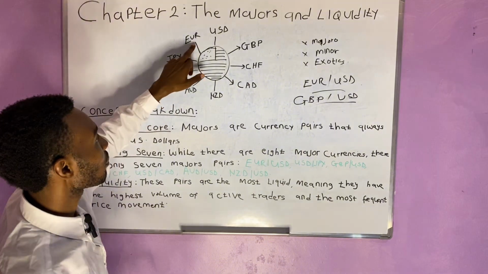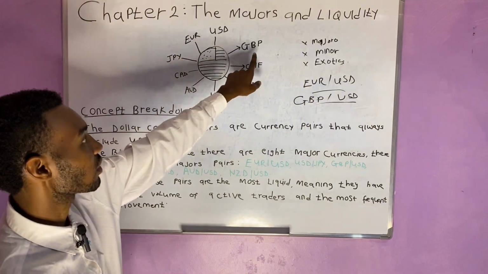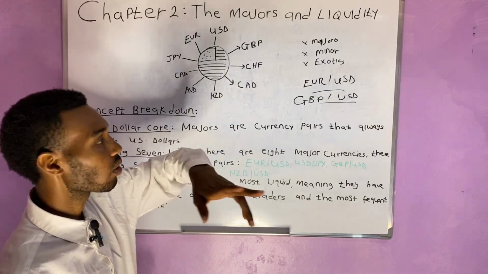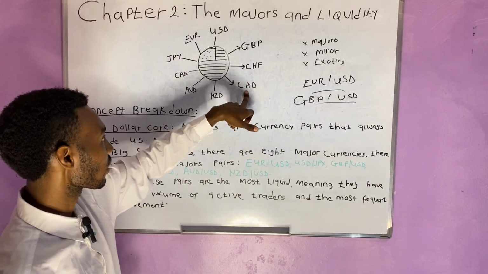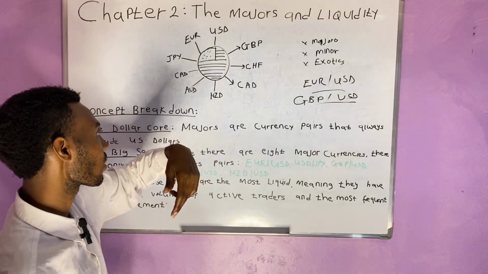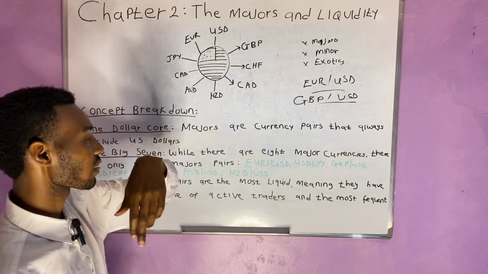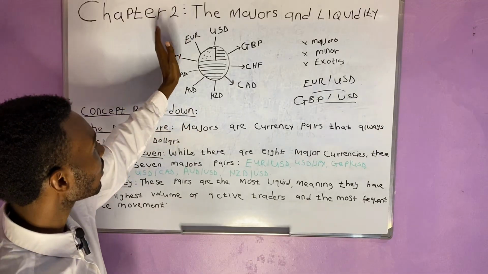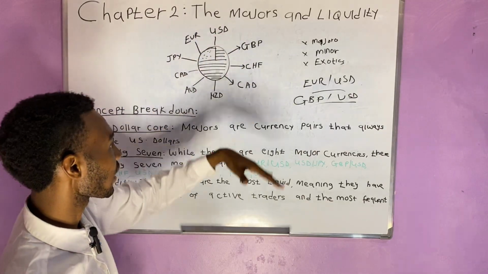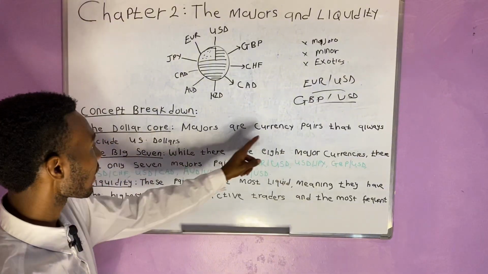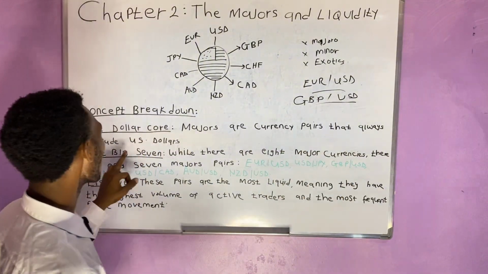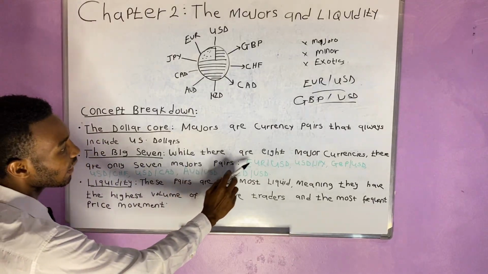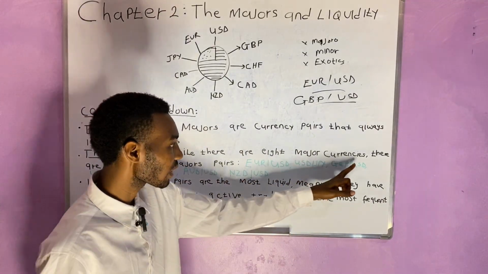An example: this is the euro, this is the USD, this is the British pound, this is the CHF, the Canadian dollar, the NZD, the New Zealand dollar, and the Australian dollar. Now, when you see all 8 of them, they are the currencies that always include the US dollar. The second one, the big 7, well, there are 8 major currencies.